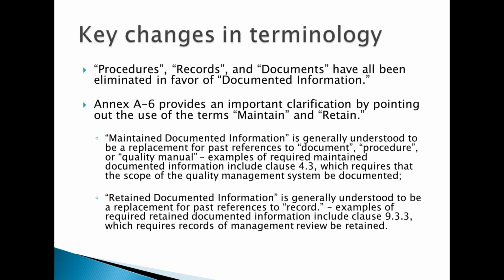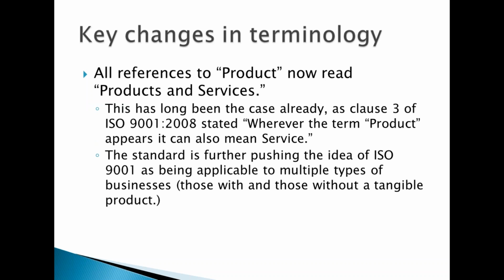Examples of retained documented information requirements would include Clause 9.3.3, records of management review. Obviously, there are significantly more record requirements in 9001:2015 than there are document requirements. So again, the key phrase to look for is either maintained documented information or retained documented information.